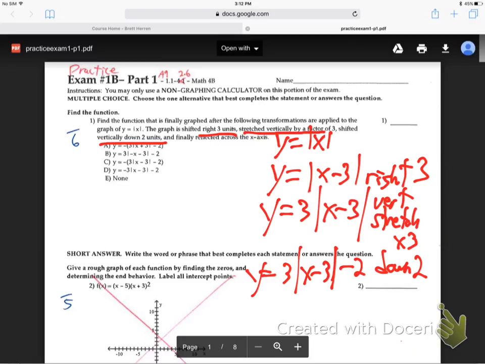Okay, the last one, here's the trick now. Reflected across the x-axis. If you think about what that means, here's the x-axis, and they're saying reflected across. That means the x-axis is like a mirror, and you're going to reflect across it.